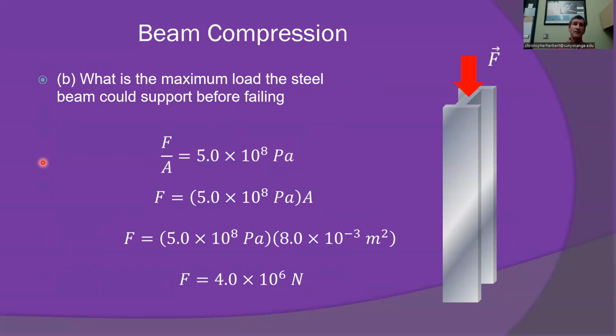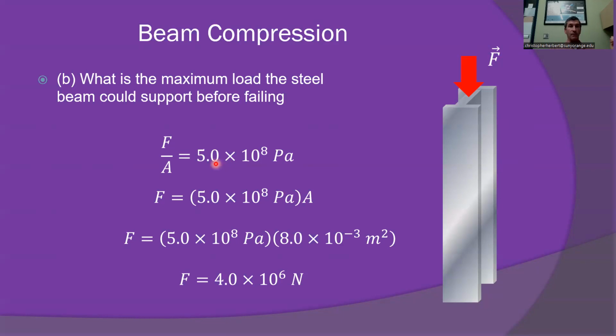What would be the maximum load that the steel beam could support before failing? What happens if all of a sudden another member of the superstructure of the building failed and now all the loading was placed on this particular beam? Well, here we know that the stress is equal to force divided by the area. The ultimate strength of this mild steel is 5 times 10 to the 8 pascals.